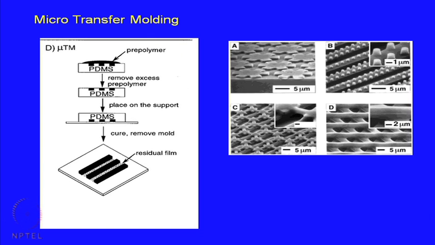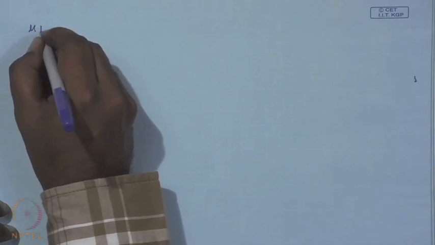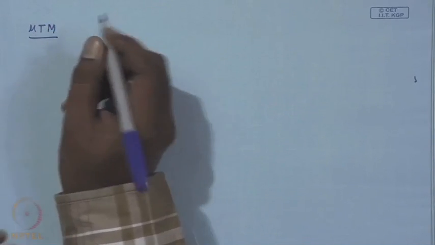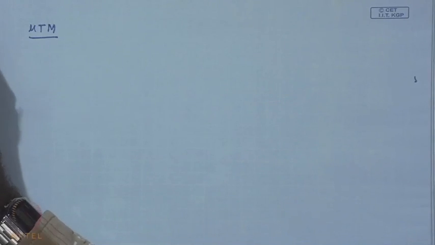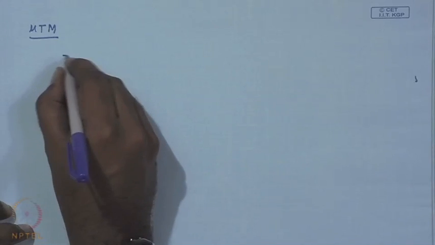Now, this brings us to microtransfer molding, which is, as I have already pointed out, slightly unique in the fact that this is a method by which you can make 3-dimensional structures. So, it is again very simple to execute.